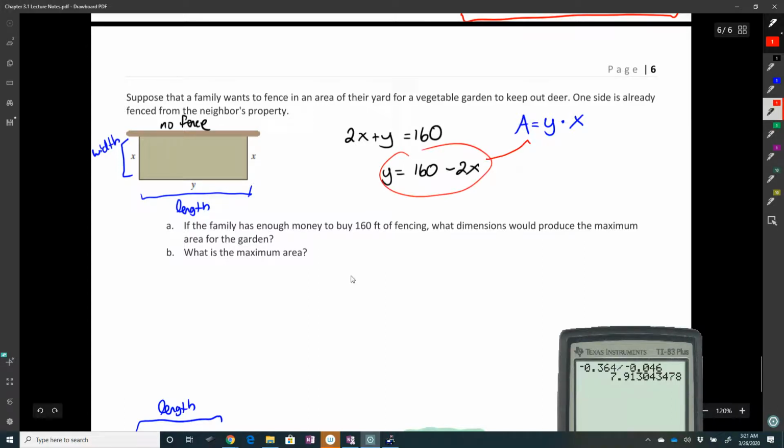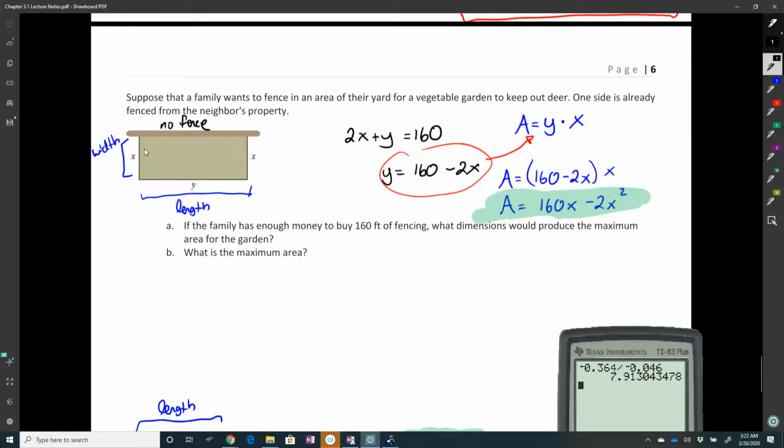I'm going to plug in my equation for y. So A is equal to 160 minus 2x, times x. So A is 160x minus 2x squared. Now we have our formula for area in terms of x, where x is the width of the fence, and we can solve it.